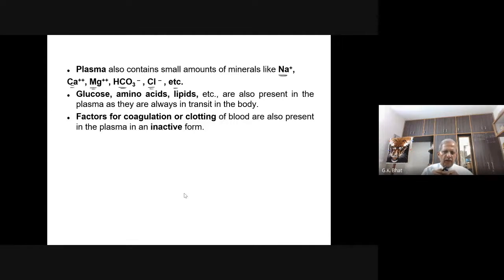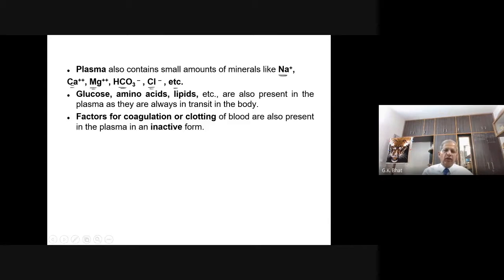And apart from that, there are many factors for coagulation or clotting. These factors are also present in the plasma in an inactive form. So this is what you see in the plasma.